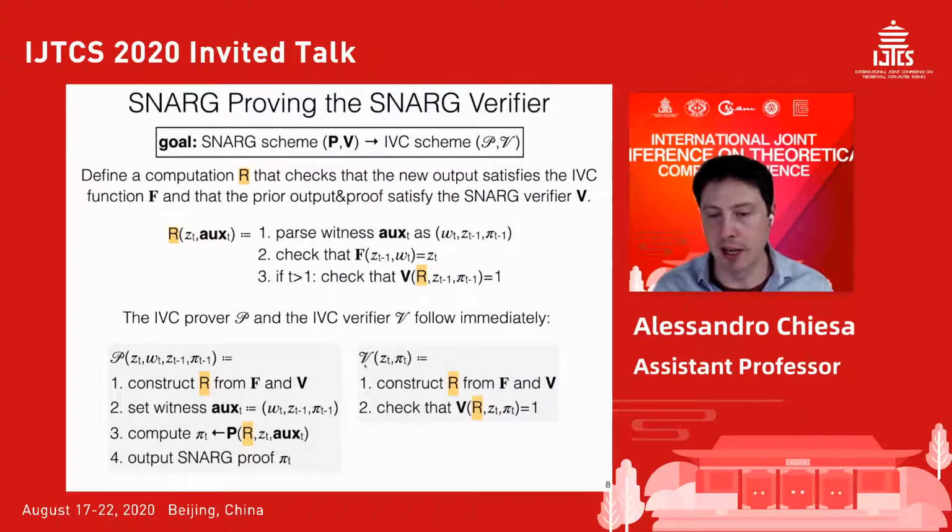The IVC verifier also is similarly straightforward. You construct the recursive computation from the state transition and the SNARK verifier, and then you just run the SNARK verifier, checking that on this computation, this was a correct and accepting input. So from a syntactic standpoint, this is basically the crux of the construction for going from a SNARK scheme to an IVC scheme.